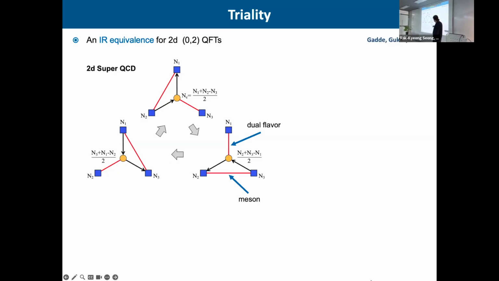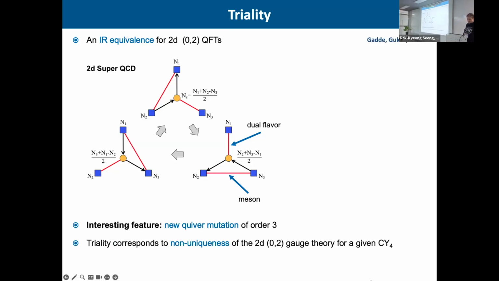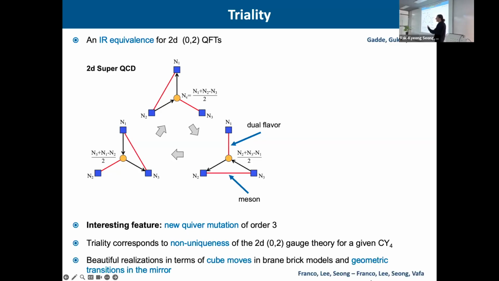I will call going just in this direction inverse triality. I know it's a new quiver mutation of order 3. And in this context it will be related to the non-uniqueness of the two-dimensional (0,2) theories that come from the Calabi-Yau fourfold. I explained yesterday, even from the mirror symmetry point of view, how this duality is captured.